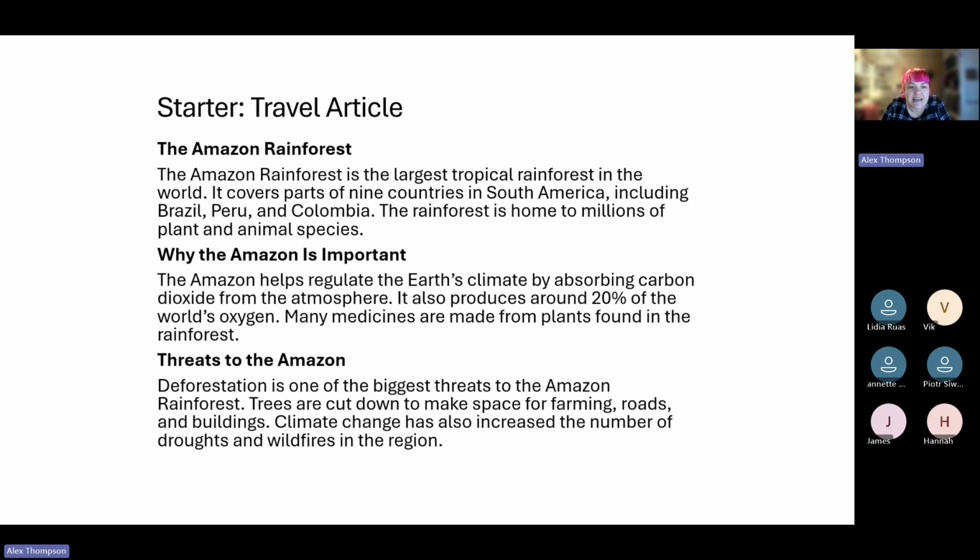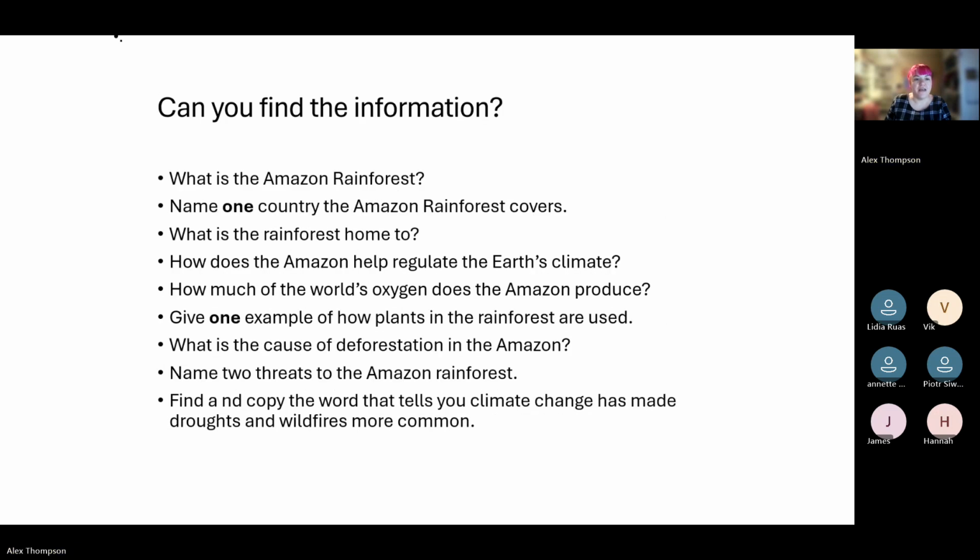So the next one, it said, what can be made from plants? The last sentence on here says many medicines are made from plants found in the rainforest. Okay, so you could just put many medicines and that's it. Now, we said it starts to get harder after that. The last three questions. What is the cause of deforestation in the Amazon?